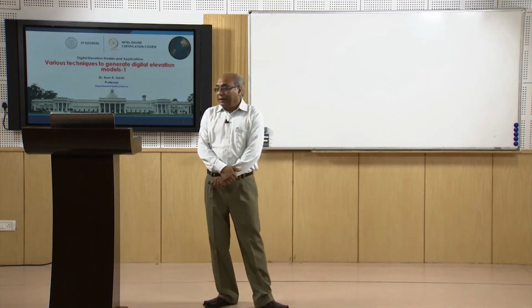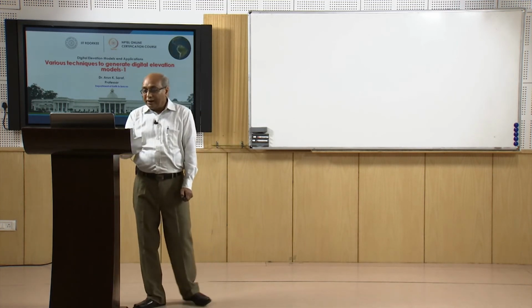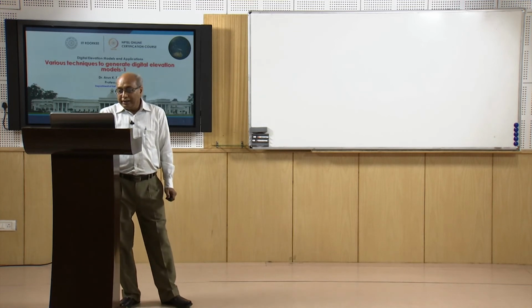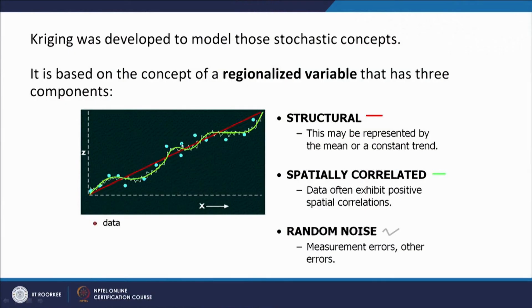it is based on the concept of a regionalized variable that has 3 components. All 3 together are here, but we can see them one by one. The red one is the structural component.